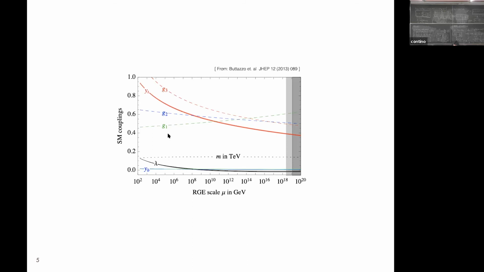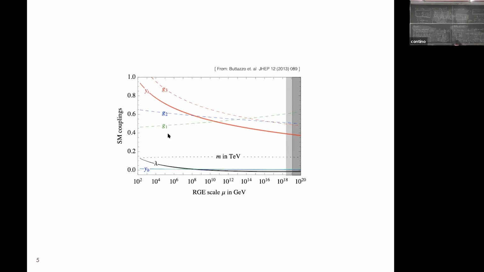Now, the question you might have is, did we see any effect of the high energy operators, the higher dimensional operators, in the data? Well, the answer is no, except for one operator. There is the only operator which has dimension 5, because of course you start organizing the series of operators according to their dimensionality.